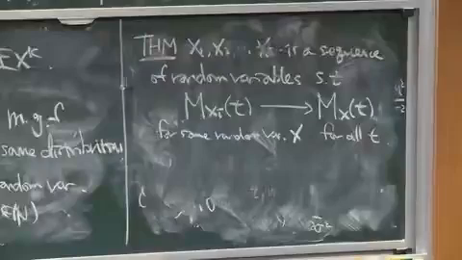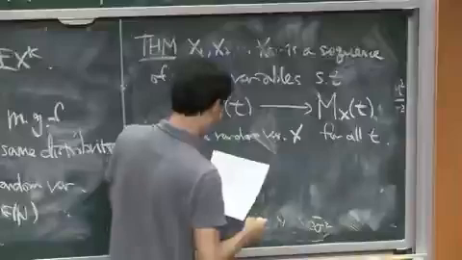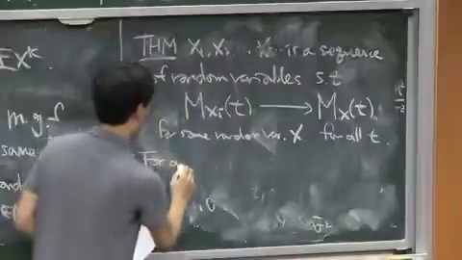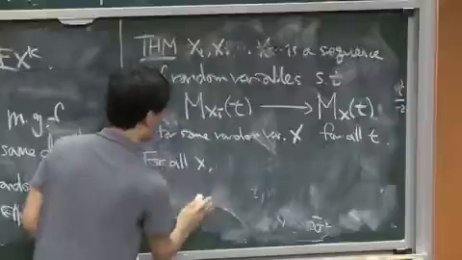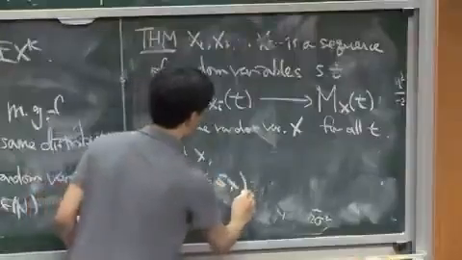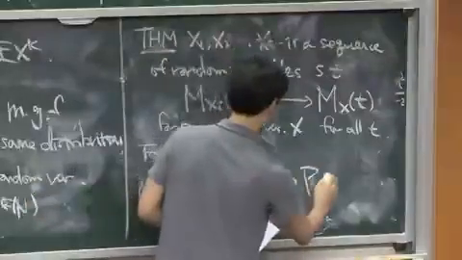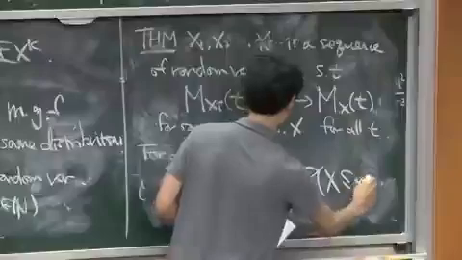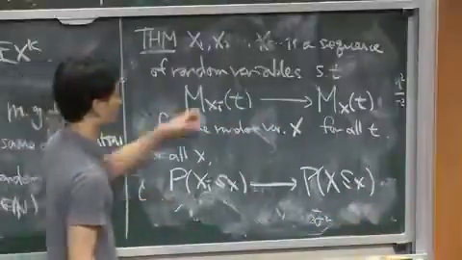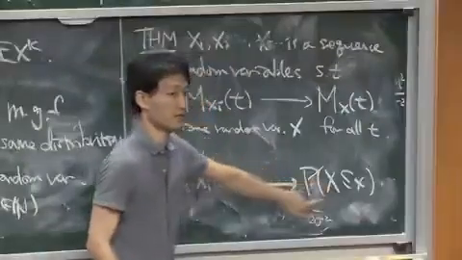To make that intuition formal, what we can conclude is that for all x, the probability that X_i is less than or equal to x tends to the probability that X is less than or equal to x. So in this sense, the distributions of these random variables converge to the distribution of that random variable.